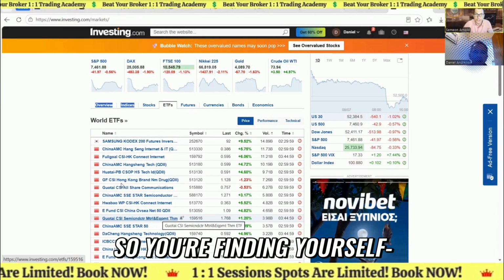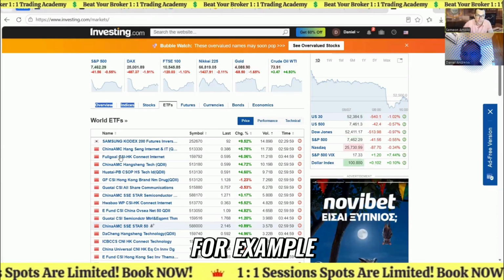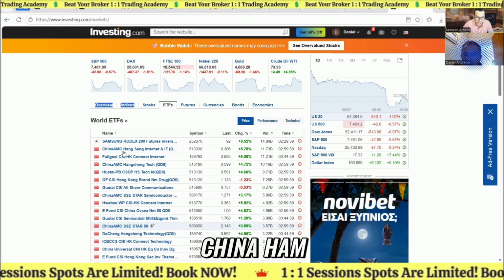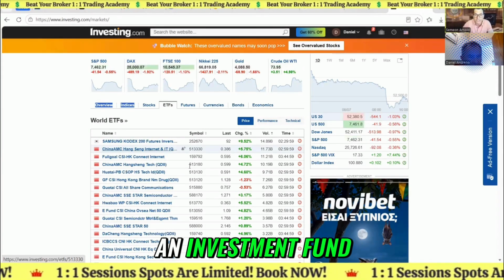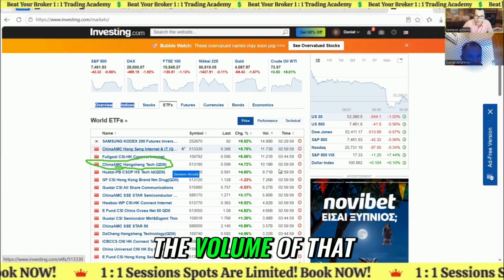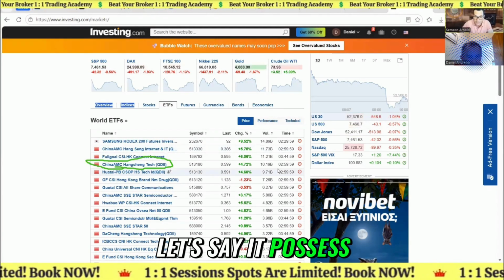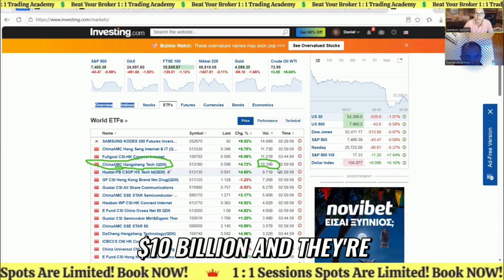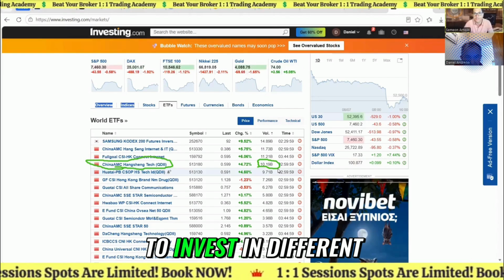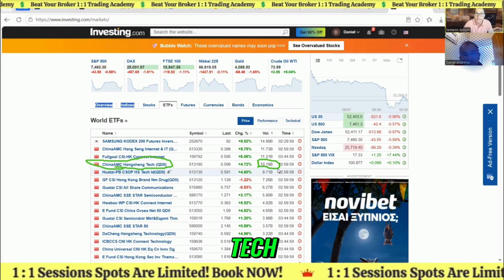So you're finding yourself an ETF that, for example, like you see here, China Hang Seng Tech. That is a company that is like an investment fund, and you can see the volume of that investment fund. Let's say it possesses $10 billion. So it operates with $10 billion, and they're using that $10 billion to invest in basically the tech sector and stuff.